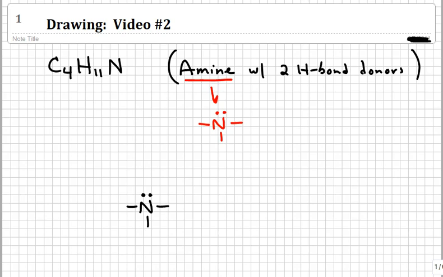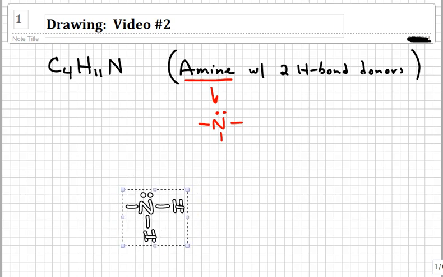Because to be a donor, you have to have a hydrogen on F, O, N, or S. F, O, and S are not in this molecule. N is in this molecule. So you know right away that 2 of the bonding positions off the nitrogen have to be hydrogens, no questions asked. And you can put those 2 hydrogens on any of the 3 available positions, and it doesn't matter. Okay?